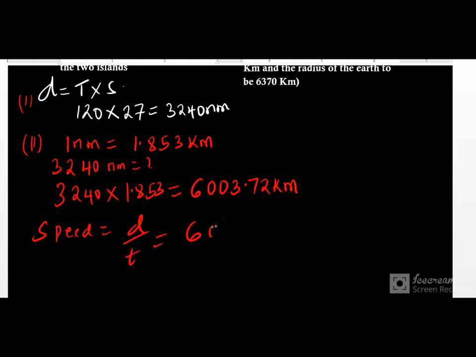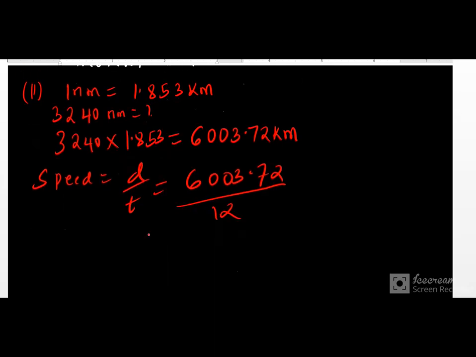Our distance is 6003.72. We divide by 120. This gives us 50.031 kilometers per hour.